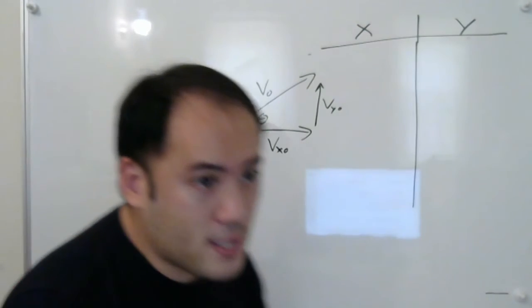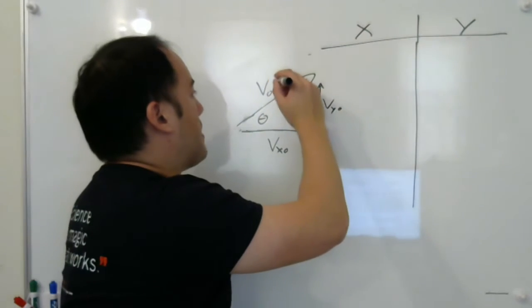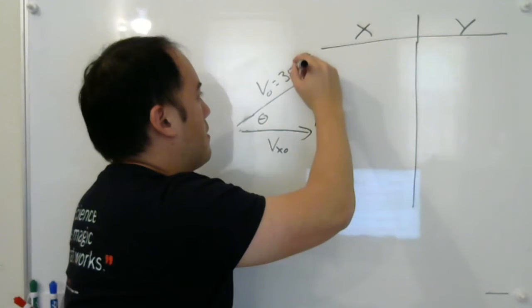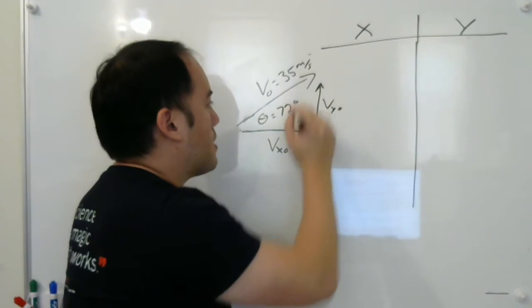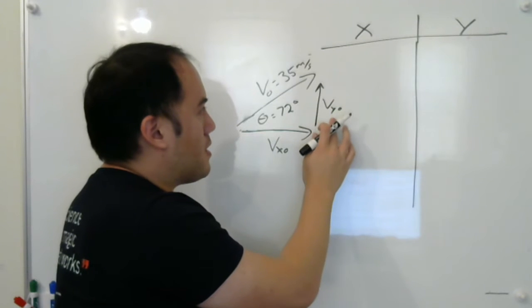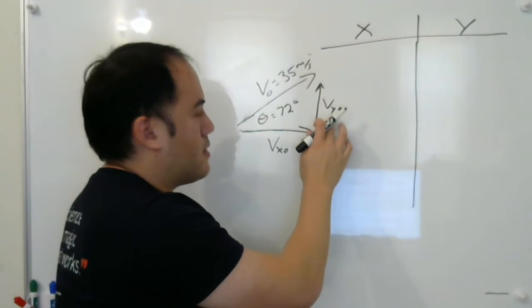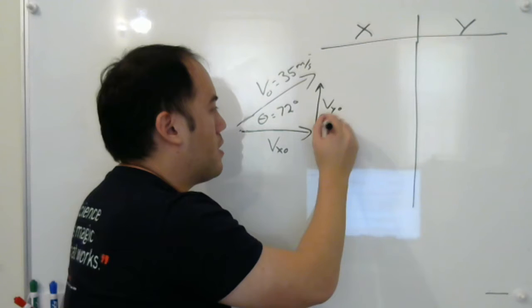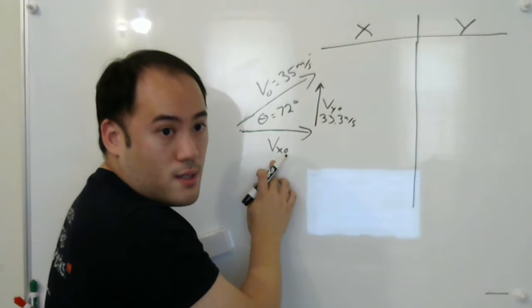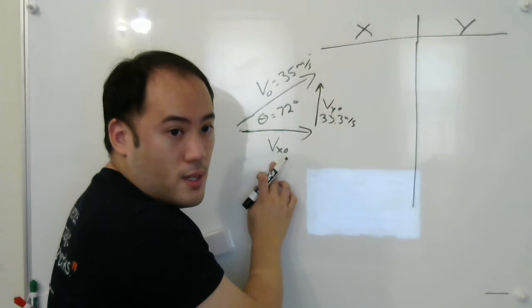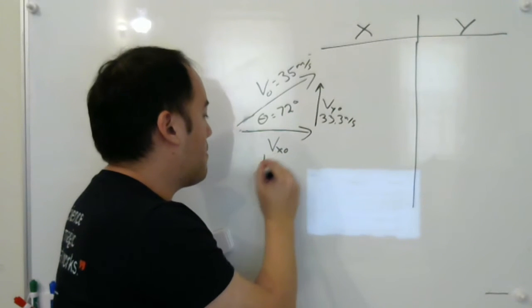The numbers I gave yesterday was that the initial speed of this object is 35 meters per second and the angle 72 degrees. So this will just be v naught sine theta, which was 33.3 meters per second. This will be v naught cosine theta, which will be 10.8 meters per second.